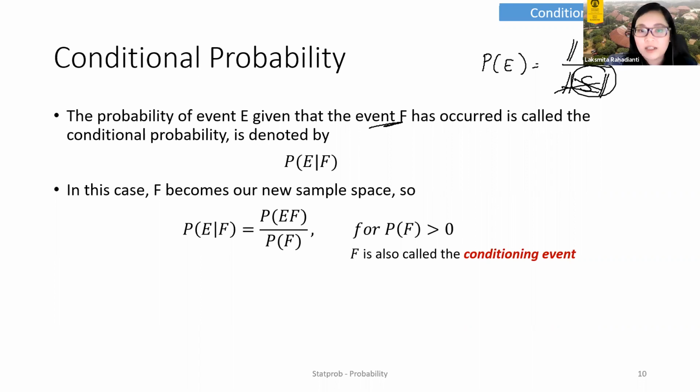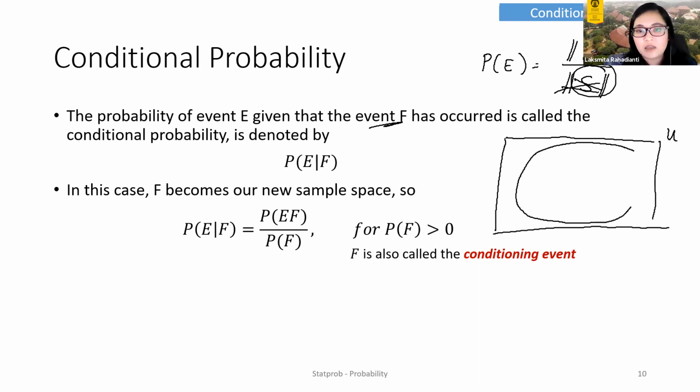I'm going to draw it out here just to make it clear. This was our universal set, our initial sample space. This is E, and this is F. At the moment, we want to consider the probability of E, which in normal circumstances would be this entire circle.